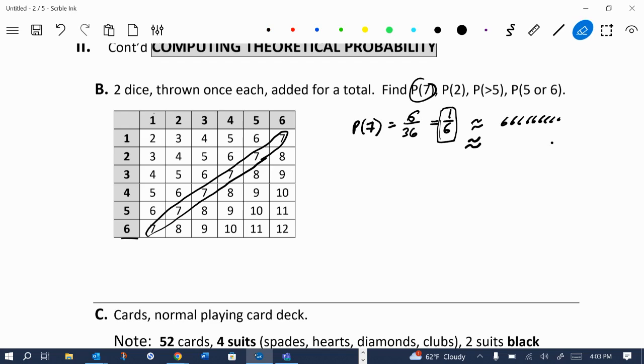Let's go back to here. This was actually 0.16. So if I round that, I would take 0.17, and I would make that either 16.7% or 17%.